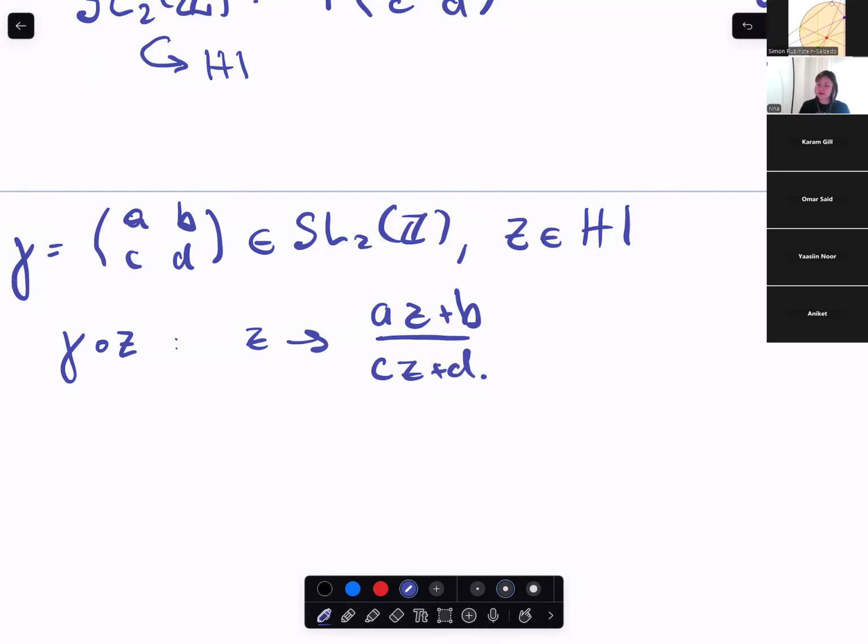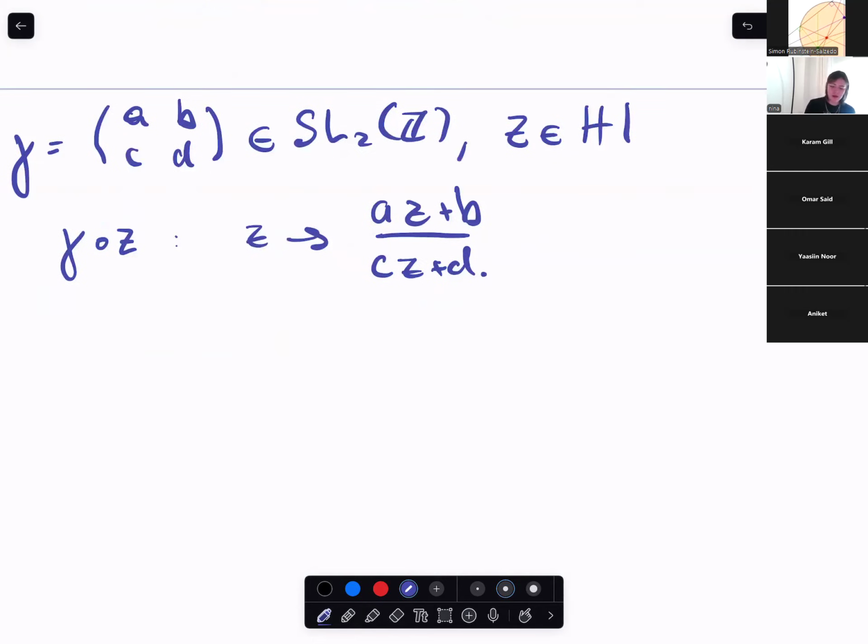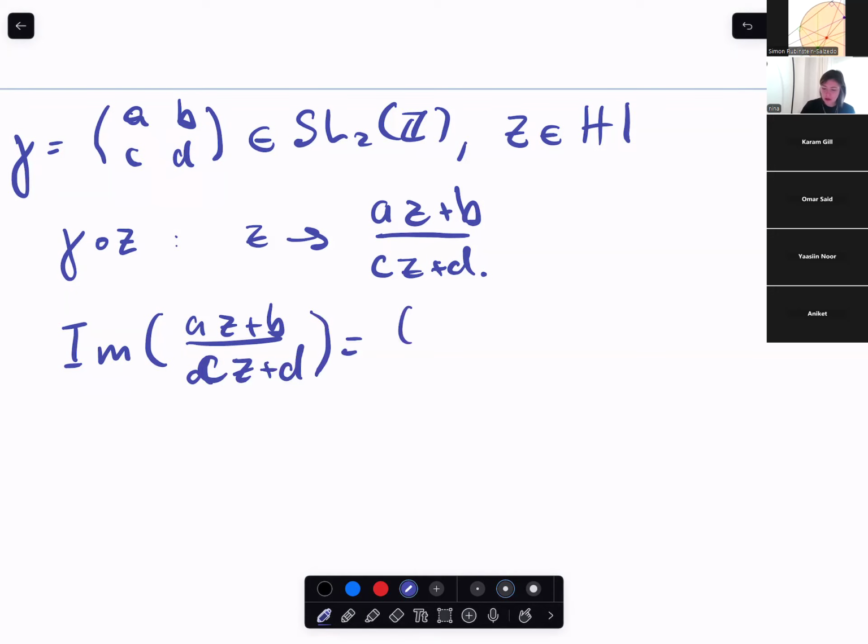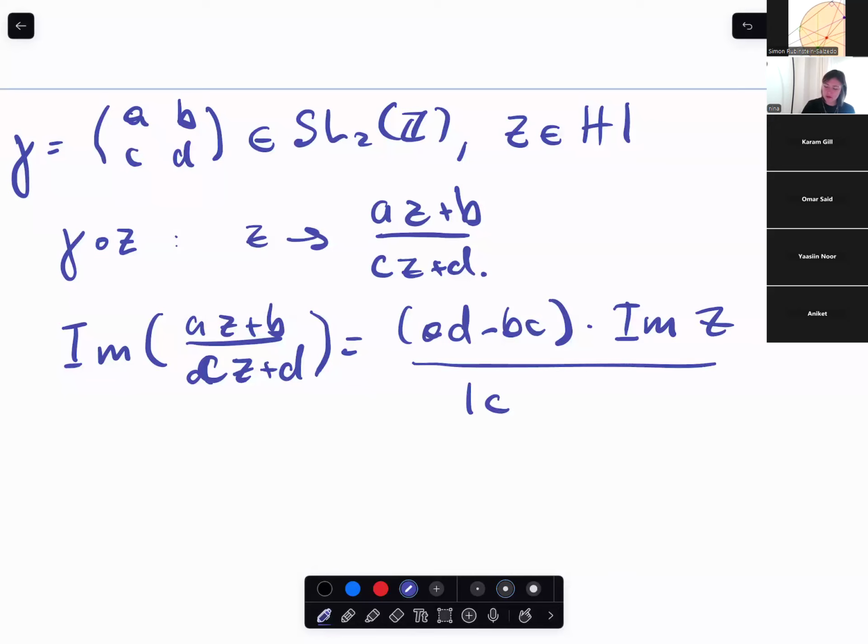And the reason that this is a proper action is that you can verify that the imaginary part of AZ plus B divided by CZ plus D, for any integers A, B, C, D, will be equal to AD minus BC times the imaginary part of the number you started with, divided by the absolute value of CZ plus D squared.